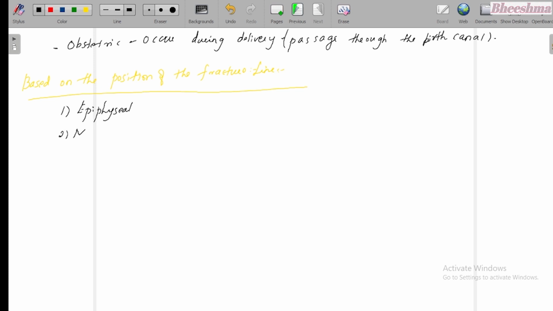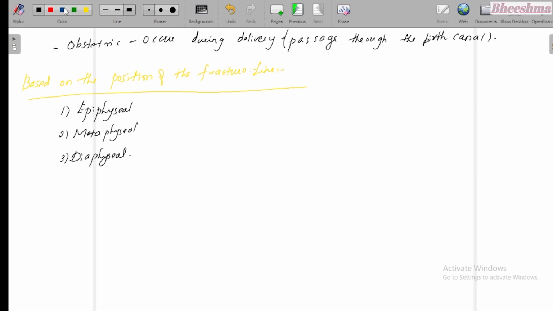Second one is metaphyseal. And the third one is diaphyseal. Epiphyseal, metaphyseal and diaphyseal.